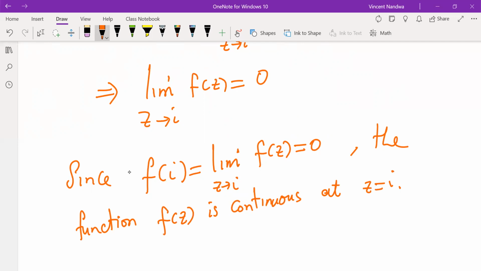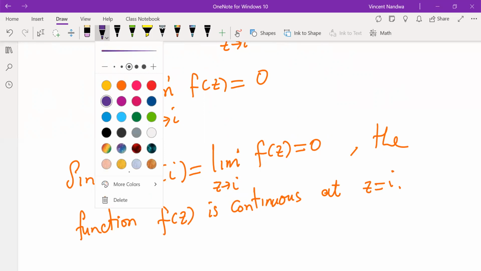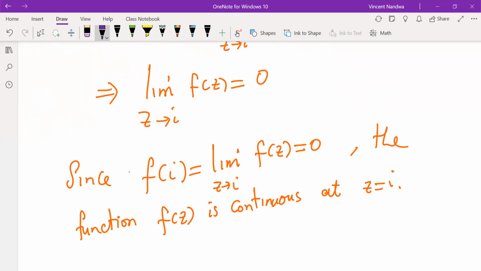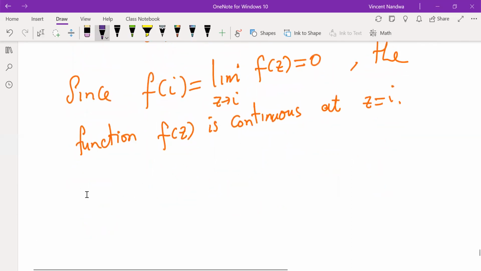And then that question is completed at that point. So you just have to take the three properties, or three axioms, to define continuity of f of z at z naught.